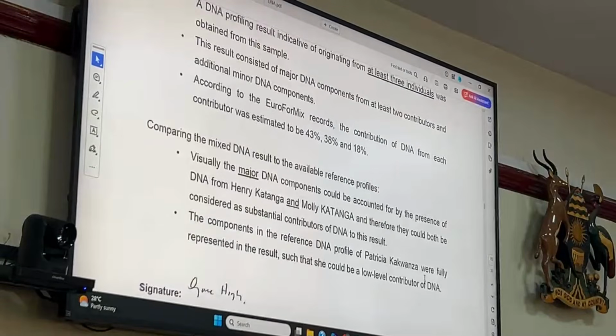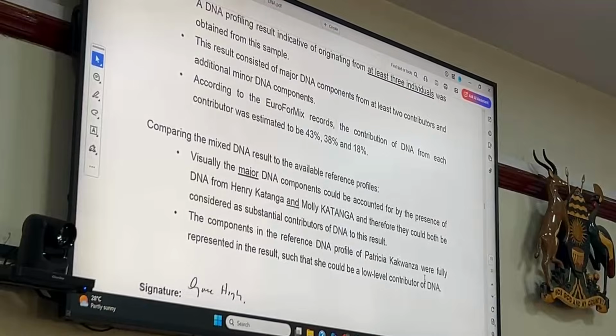When reviewing the profile, in my opinion, there were major DNA components from at least 2 individuals that could be accounted for by the presence of DNA from Henry Katanga and Molly Katanga.